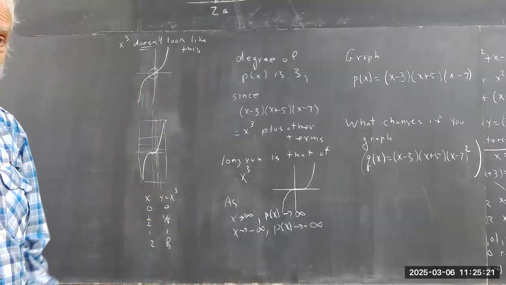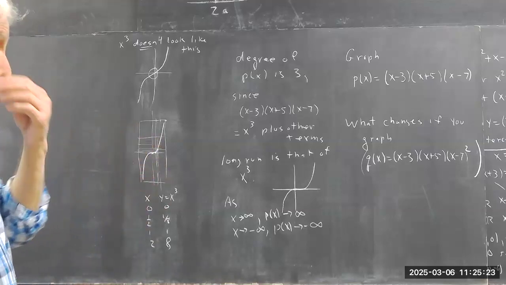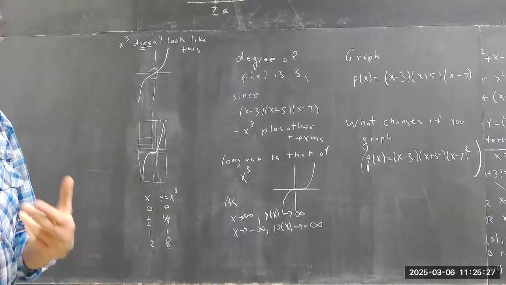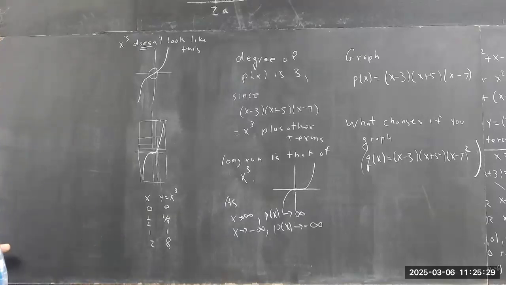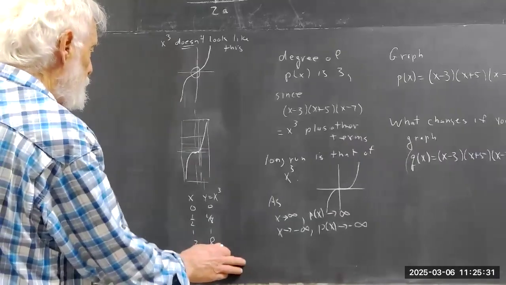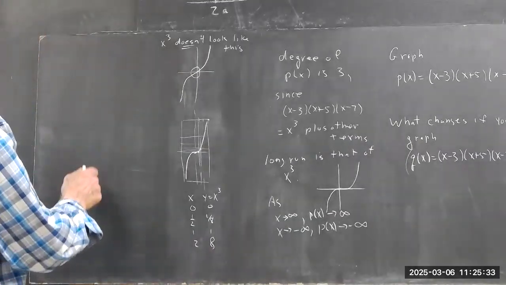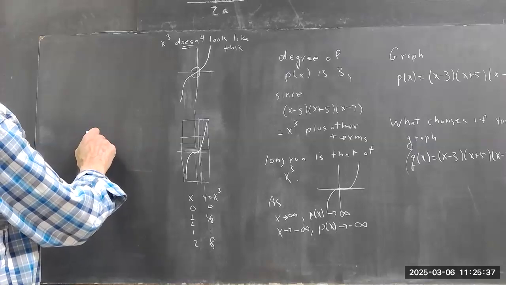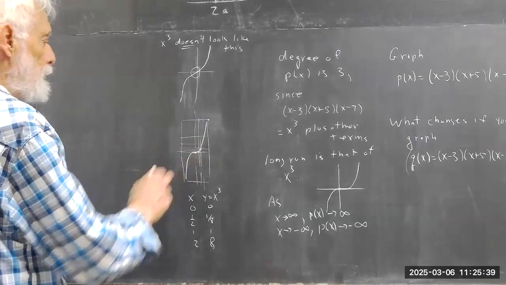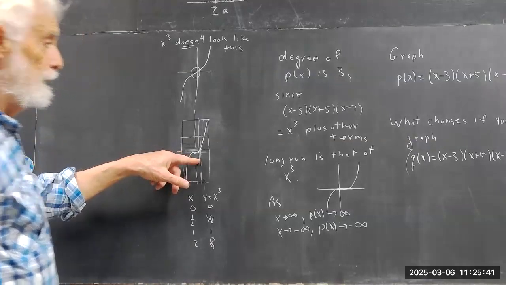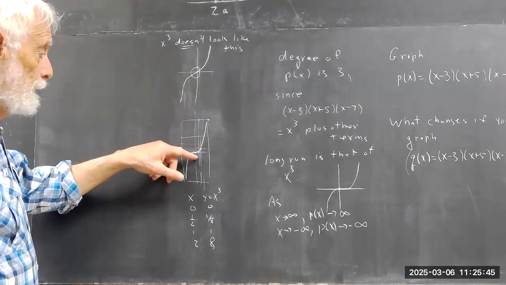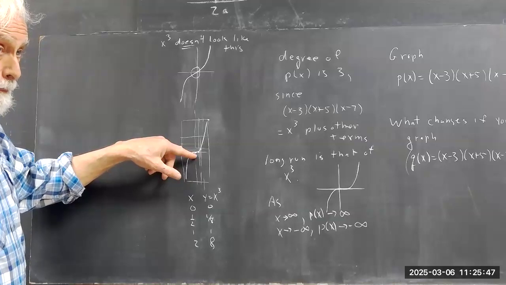So we flatten out. Now that's going to be important. I'll show you why. The sequence of power functions: odd number power functions all look like this, except the higher the power, the flatter they get down.